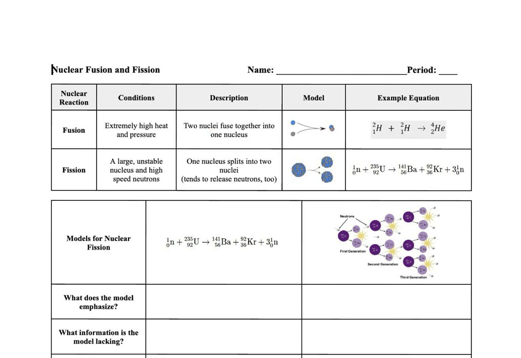If you look at the picture, this is hydrogen. It has the atomic number 1 and a mass of 2. Here's another hydrogen with the atomic number 1 and a mass of 2. And this arrow means something's happening. Think of it like an equal sign. These two are combining, that's the plus sign, adding together to create, after the equal sign, one bigger nucleus that has two protons and a mass of 4. And that's why it's now helium, because helium has 2 protons.